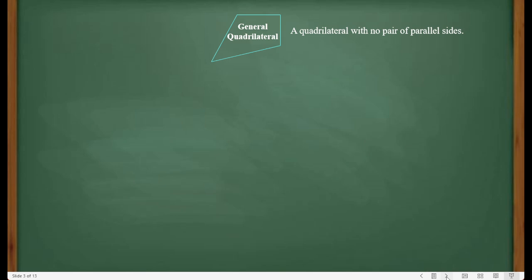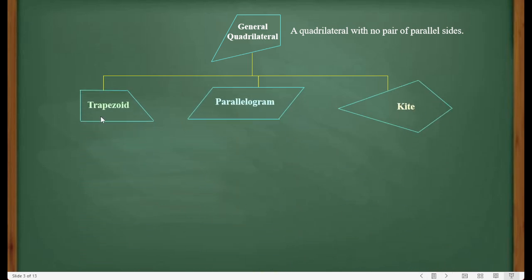And under this quadrilateral, we have three different classifications or three different kinds. And these are the trapezoid, the parallelogram, and kite. As I said a while ago, quadrilaterals are classified according to the number of parallel sides.